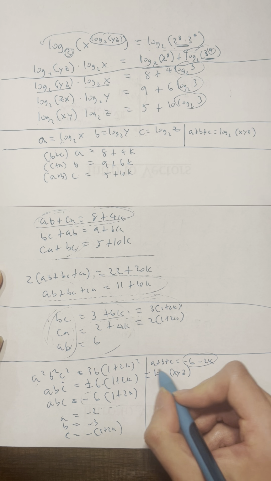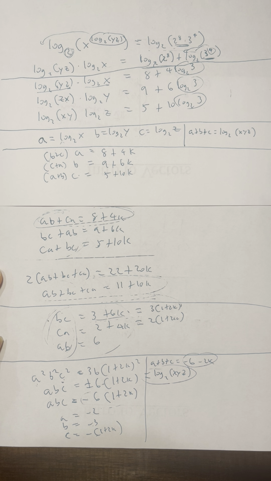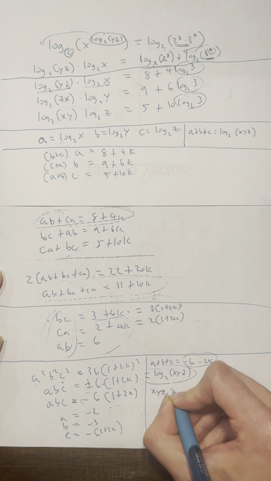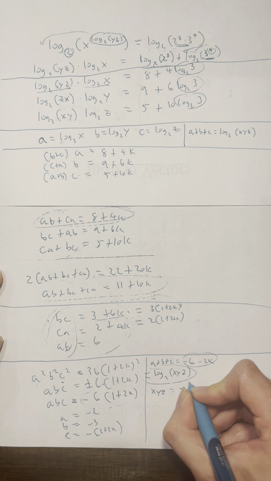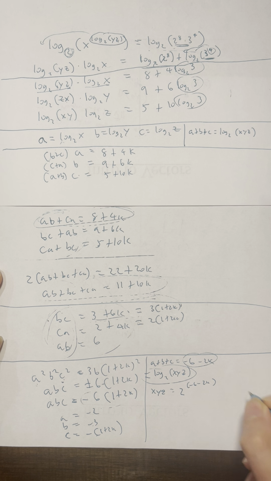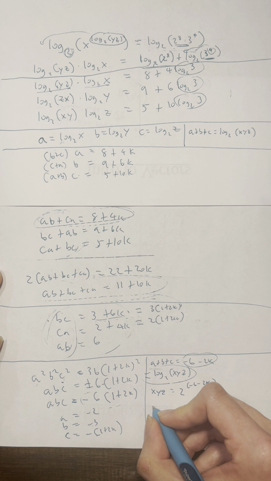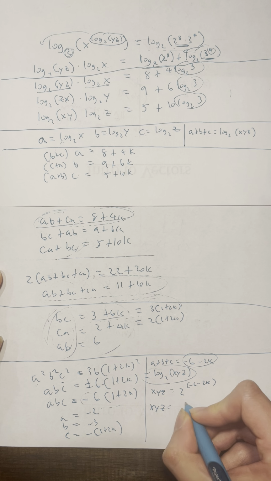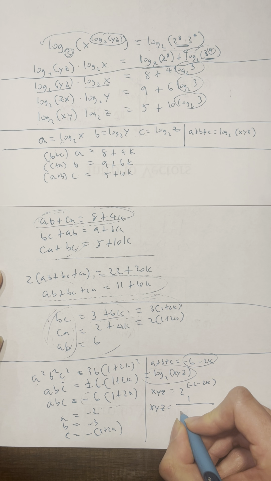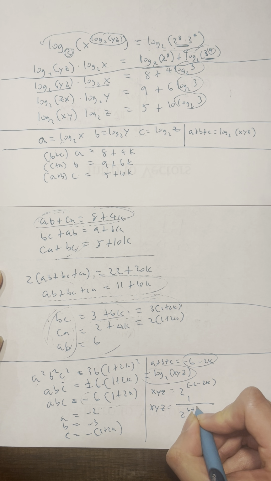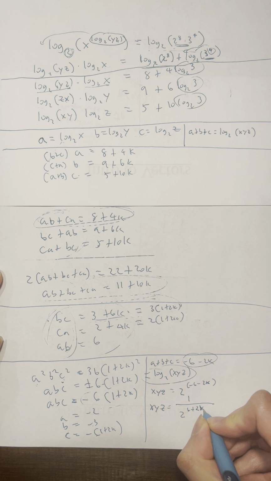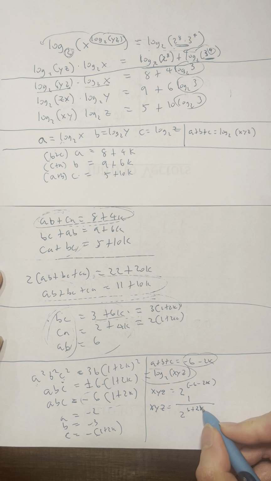Okay, so with this equation, how do we get xyz by itself? Convert it into an exponential equation. And how do we deal with negative exponents? Take the reciprocal. Okay, and then what did we let k be equal to again?